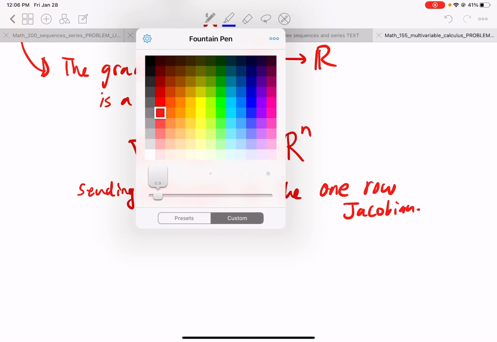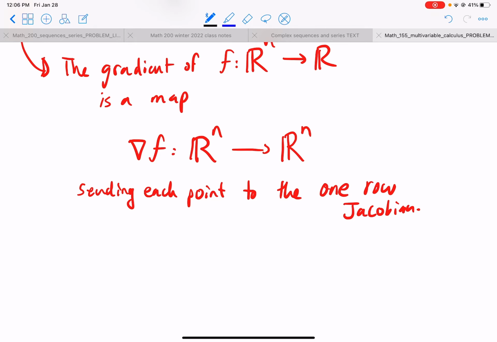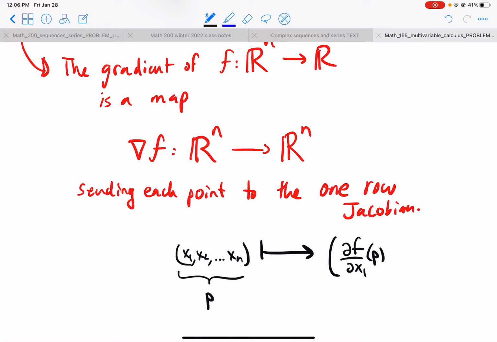Okay, if you want, you can write this out like in a formula. It could send x1, x2 up to xn to what point? Well, the one row Jacobian at that point. So df dx1 at that point P. Let's call this P. So then I don't have to write x.